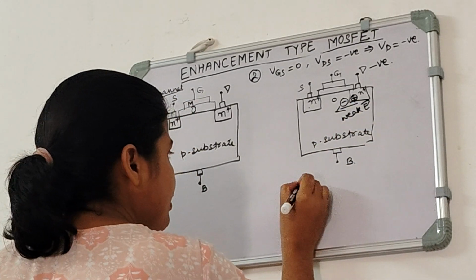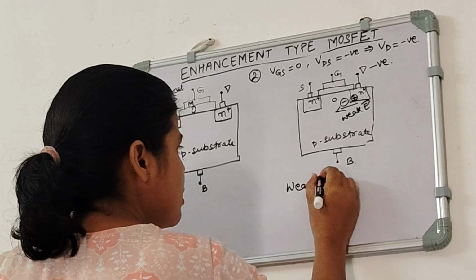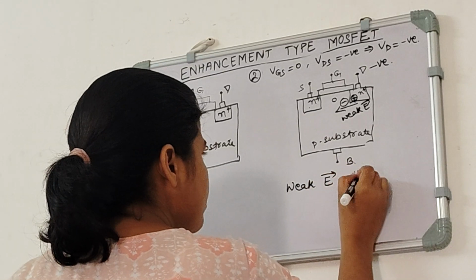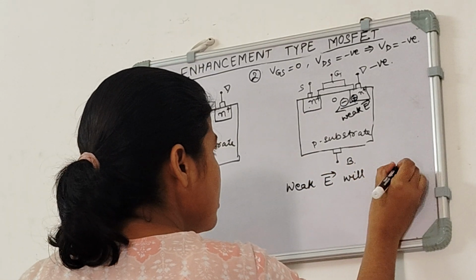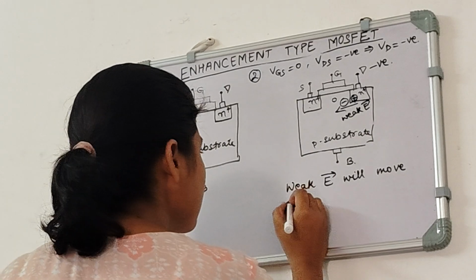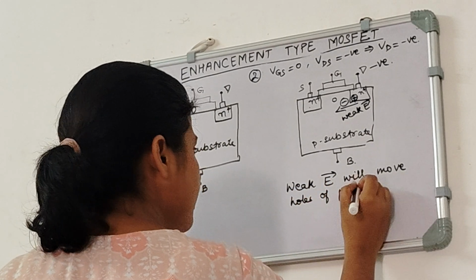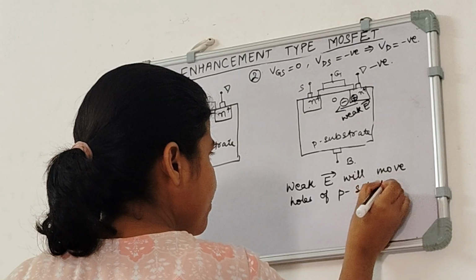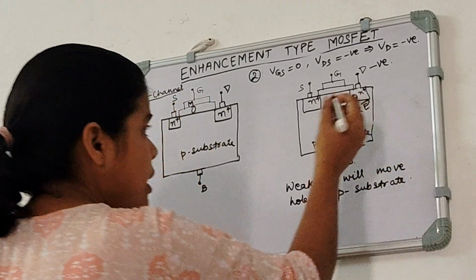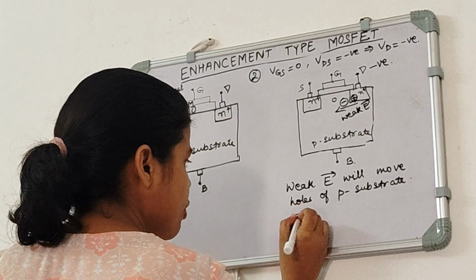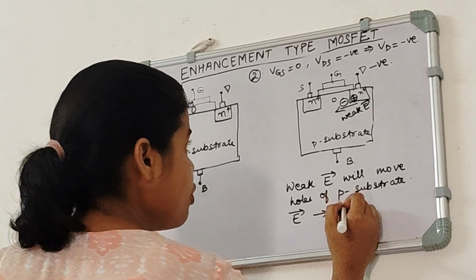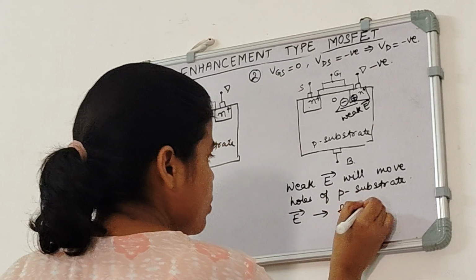So weak electric field will move holes of P substrate, and here our electric field's direction is from drain to source.